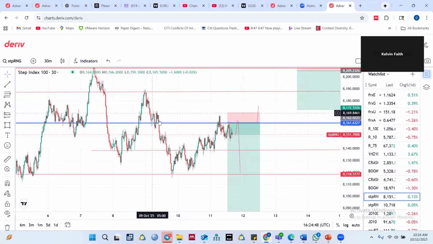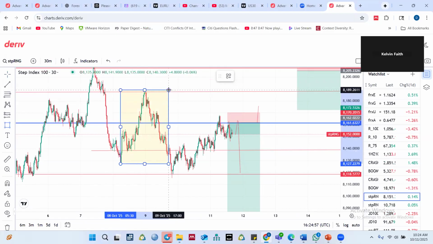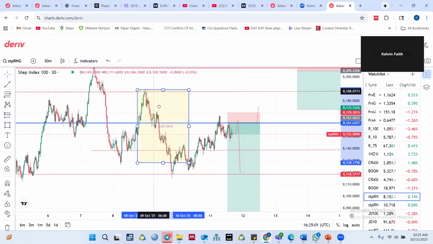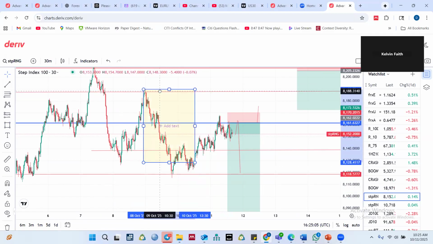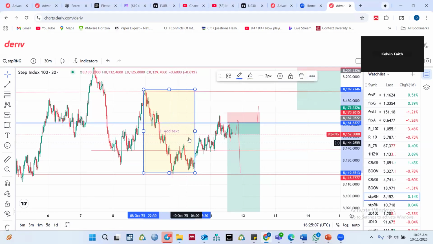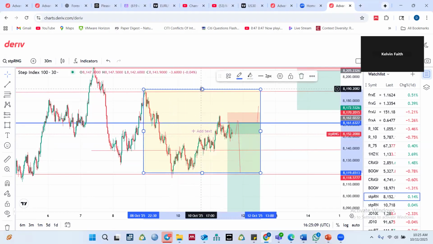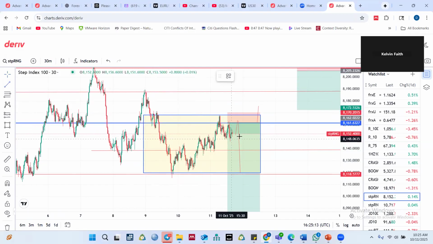So what I can see, I see this as price bought and price sold to take this low out. So from this high to here, I can see this as a bearish flag, which means we are likely to have this.